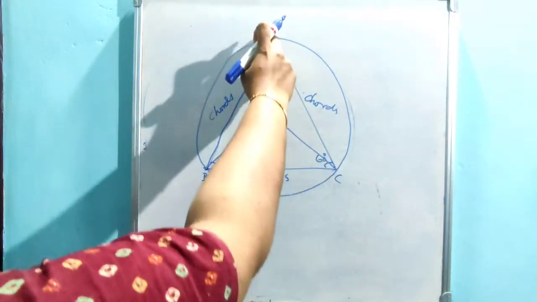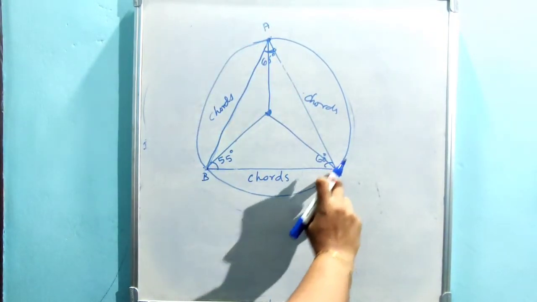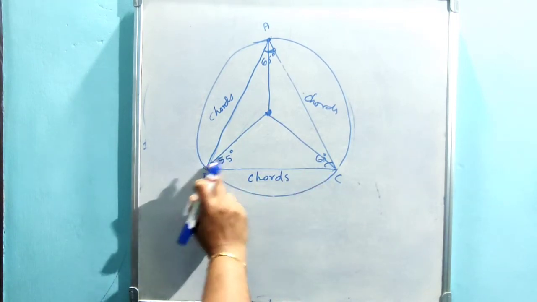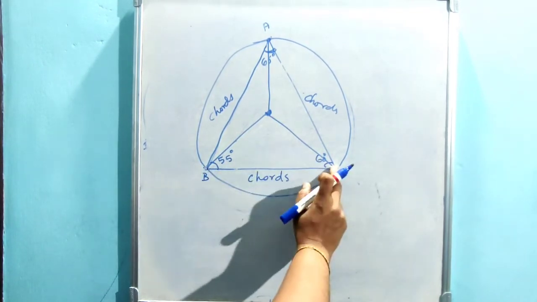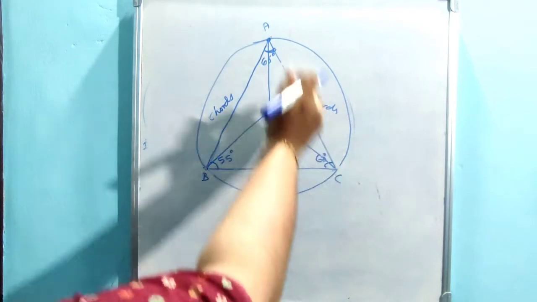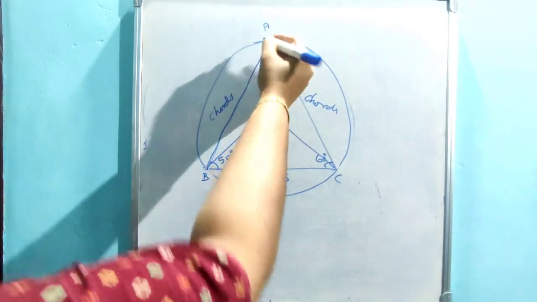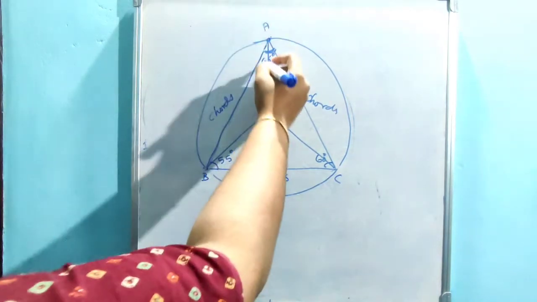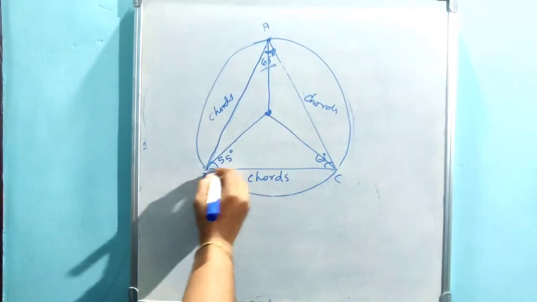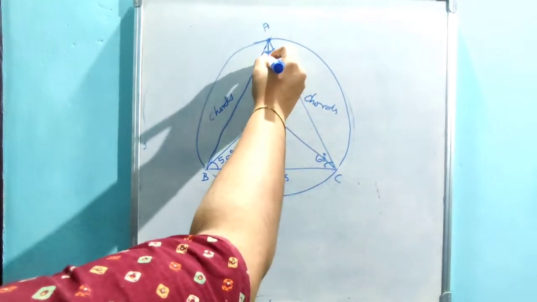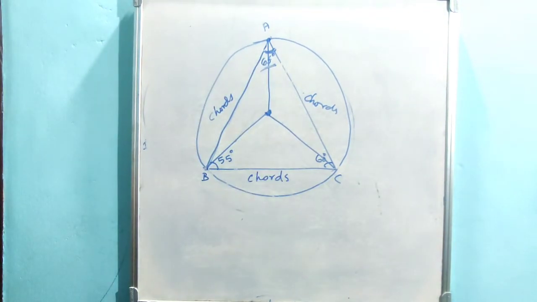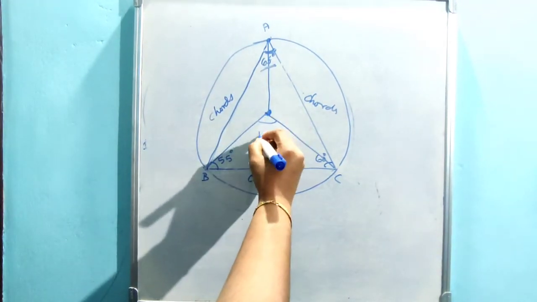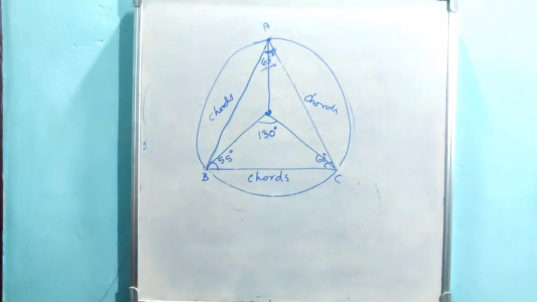So if we join the ends of the chord to a point on the circle, we get an angle half of the central angle, right? That is, the central angle of this chord is double of the 65 degree. So this angle is equal to 130 degree, double of 65.